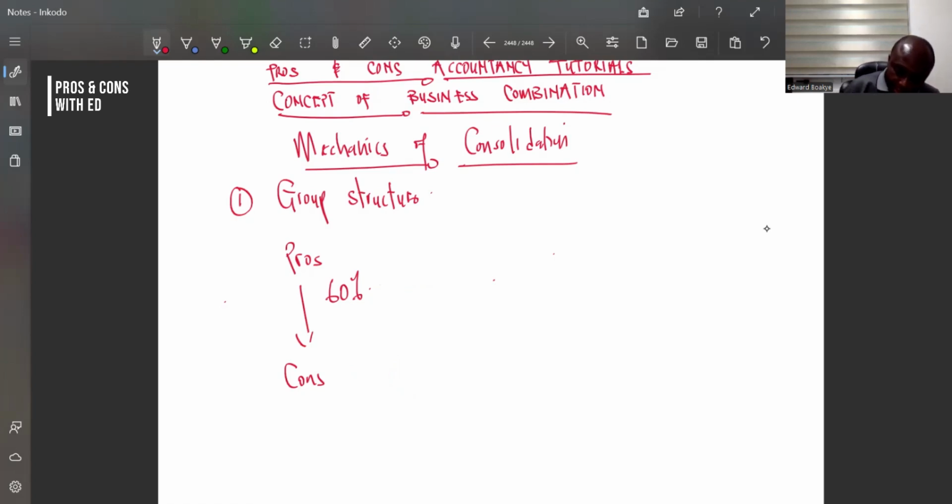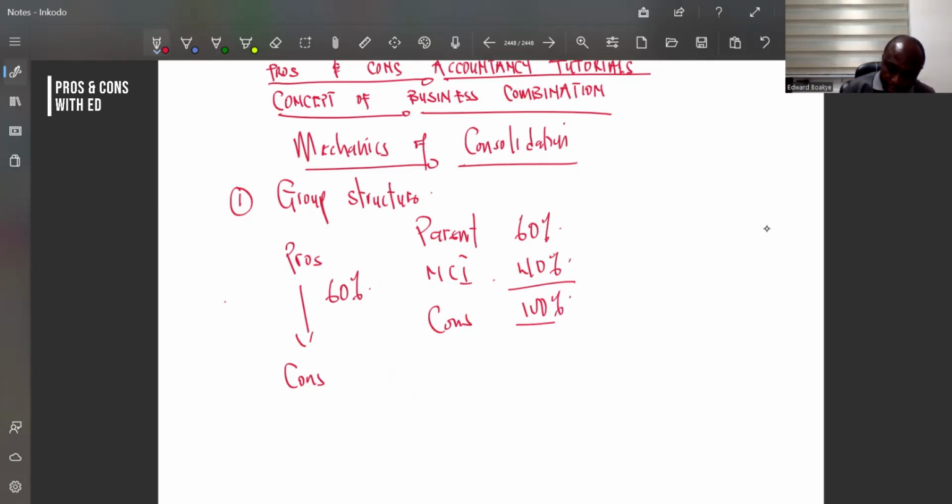Pros, being the parent, is purchasing 60%, whilst the NCI, the non-controlling interest, is having 40%. Together, it becomes the Cons company, which was 100%. This is our group structure, in terms of the mechanics of consolidation.